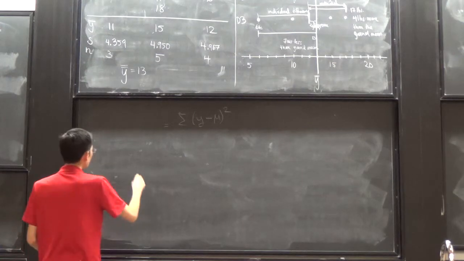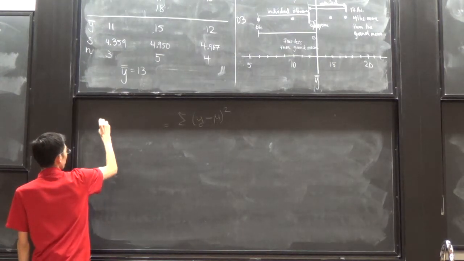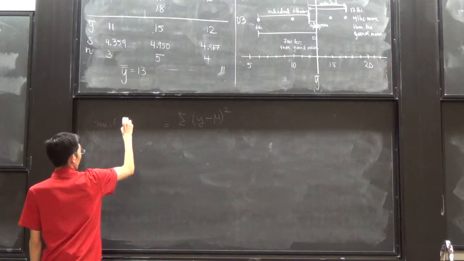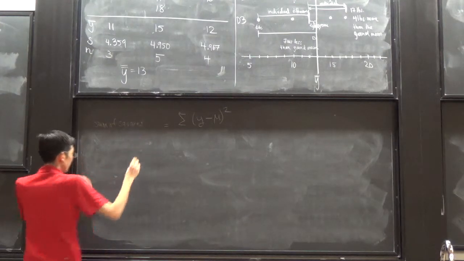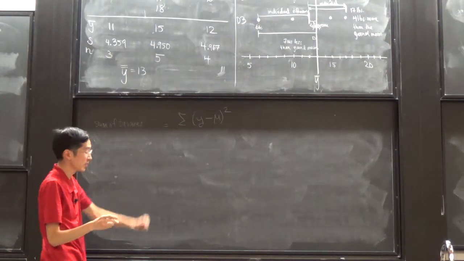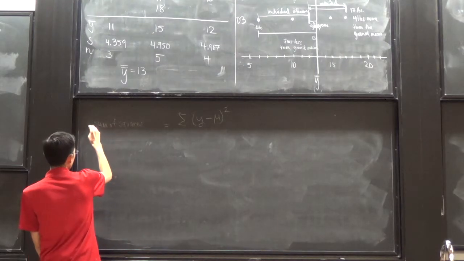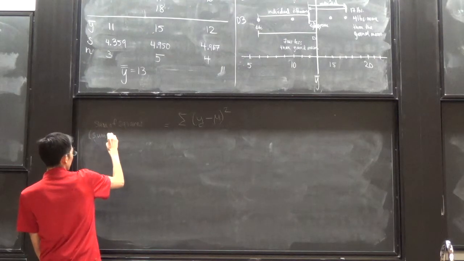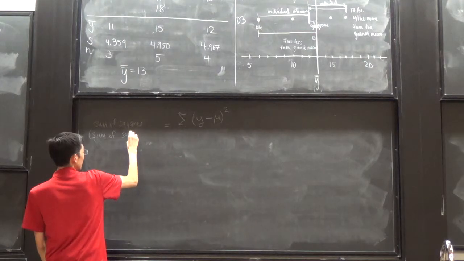So we're dealing with what we call sum of squares, basically the sum of squared distances.